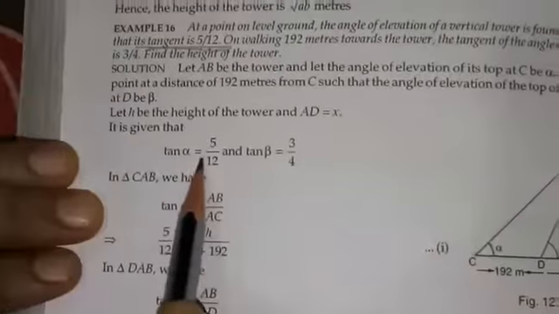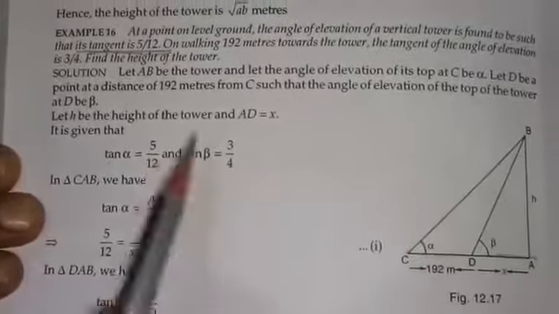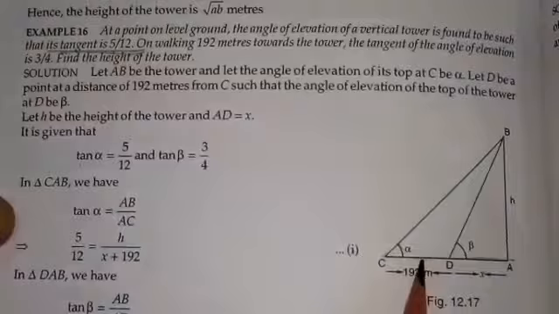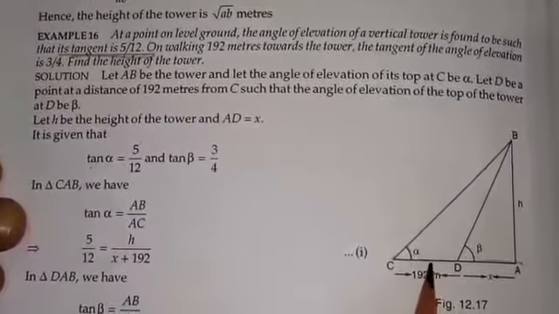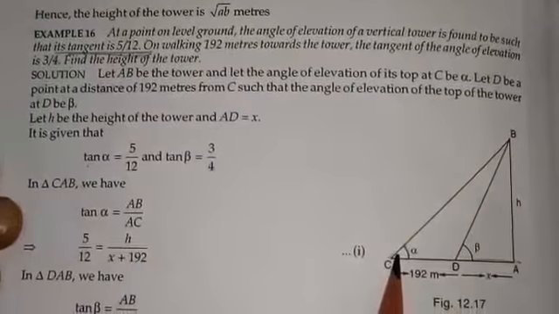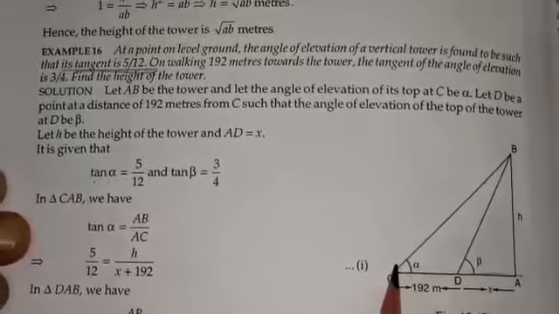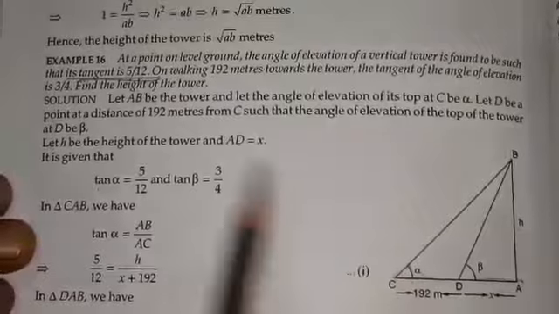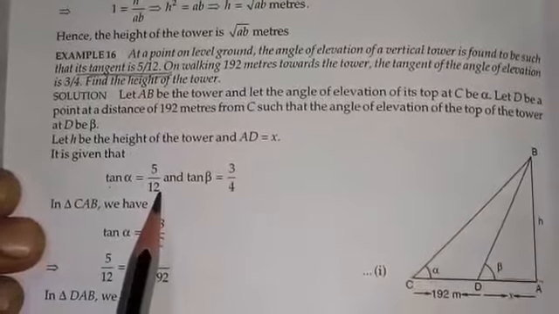Then tan alpha is given to be 5 by 12. Tangent of the angle of elevation, which is alpha, tan alpha is given to be 5 by 12.